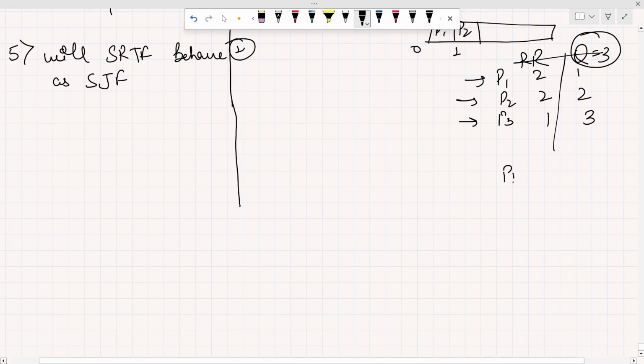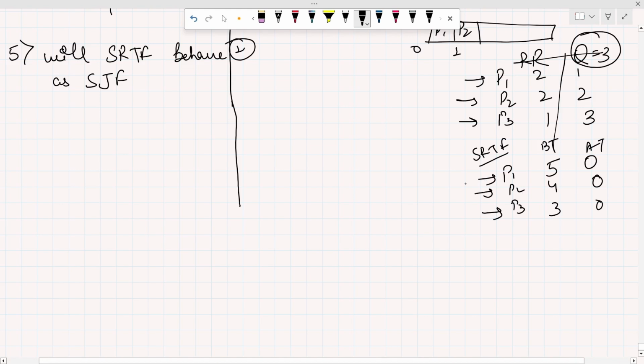Let's say we have processes P1, P2 and P3 with burst times 5, 4 and 3, and all arrive at time 0. Now if we solve this with SRTF, it will follow the SJF rule: whosoever has the smallest burst time gets the CPU, so P3 gets the CPU, then P2, then P1.